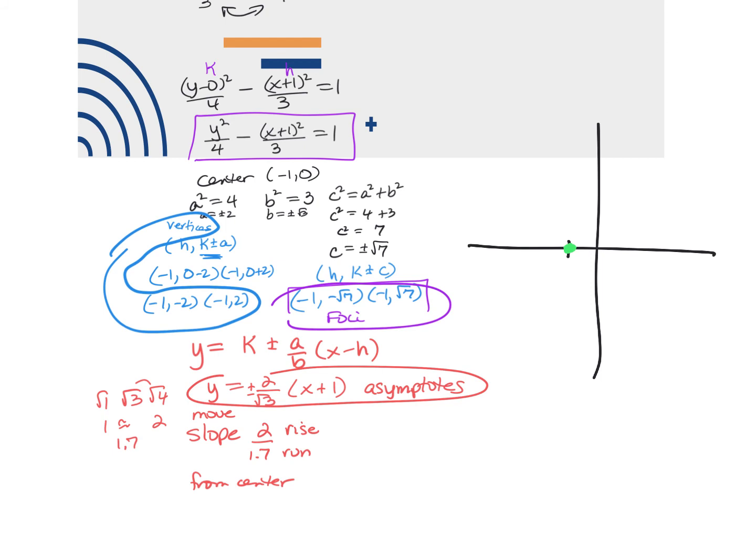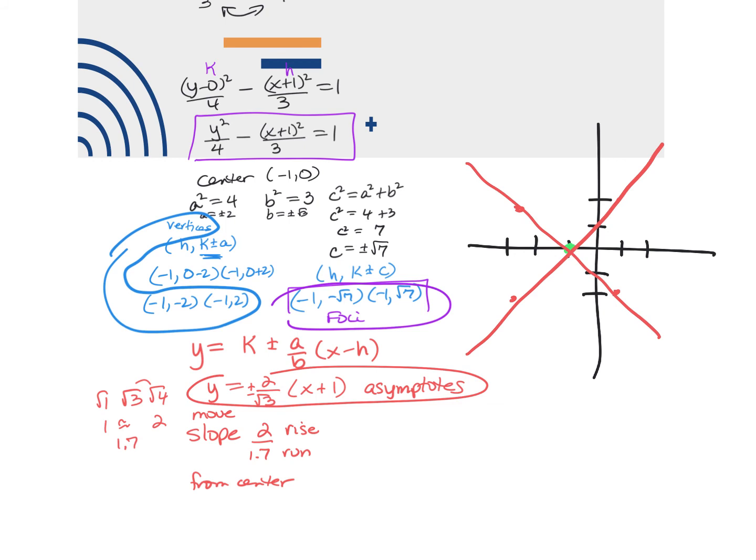And then from this center point, I'm going to go up 2, and then over almost 2, it's 1.7. So again, it's an approximation. From there, rise 2, and then run almost 2. And then I can go down too, and this would be the location of my asymptotes.